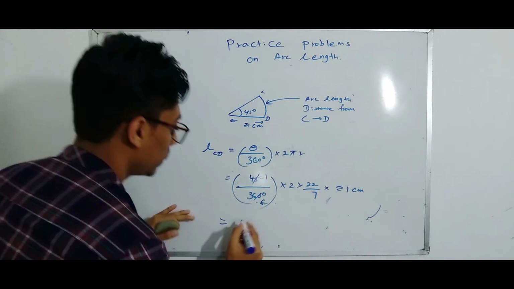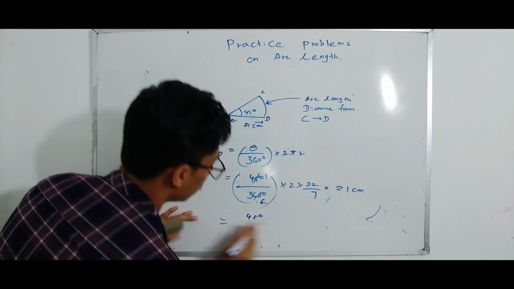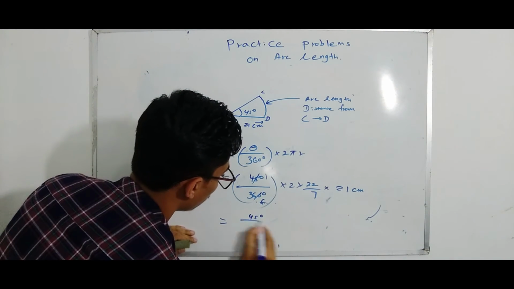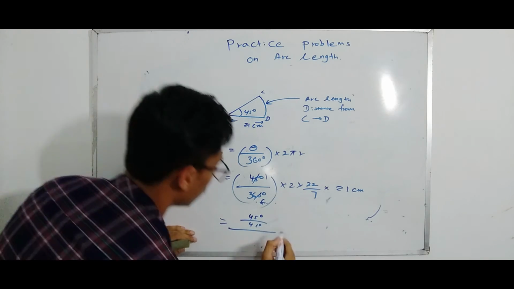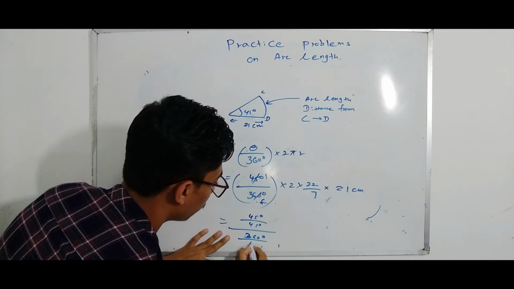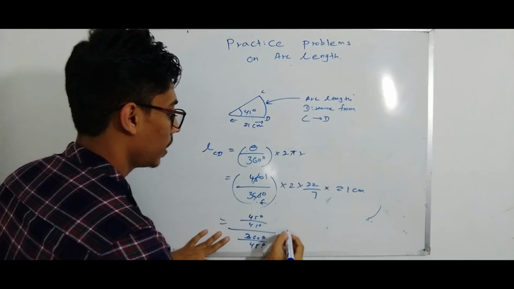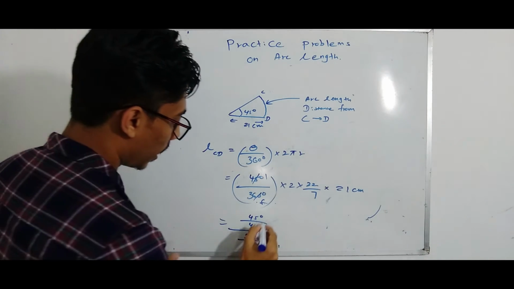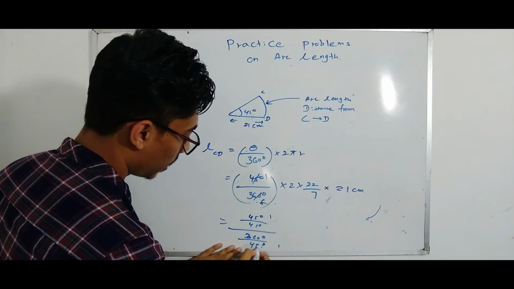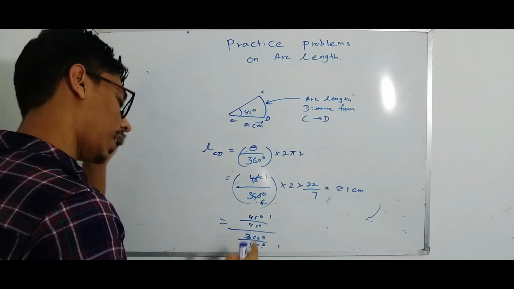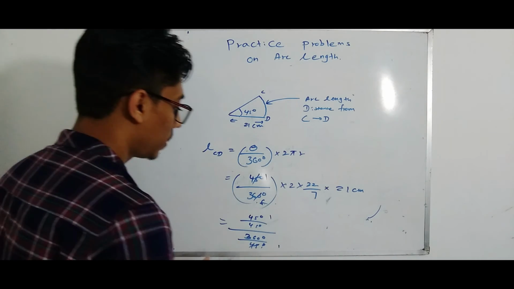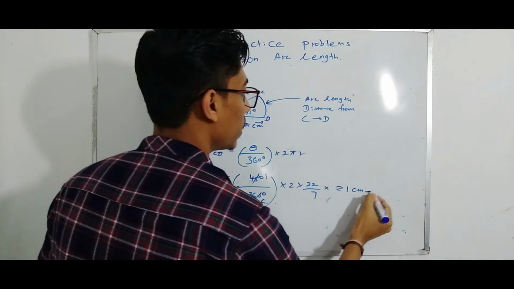Let's see, I divide this by 45 degrees. I can divide 45 degrees by 45 degrees, I get 1. I can divide 360 degrees by 45 degrees, I get 8. So I put 8 here.